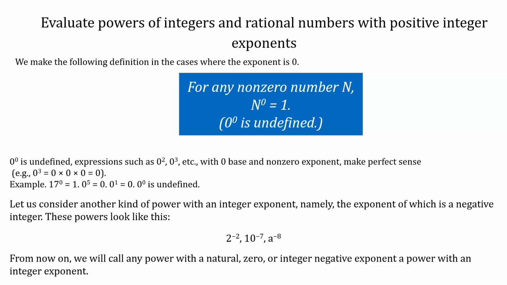This power looks like this: 2 to the power negative 2, 10 to the power negative 7, 8 to the power negative 8. From now on, we'll call any power with natural, 0 or integer negative exponent a power with an integer exponent.